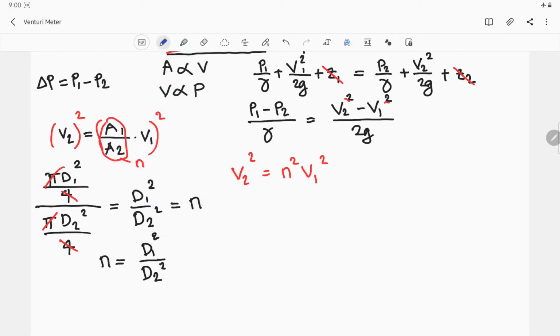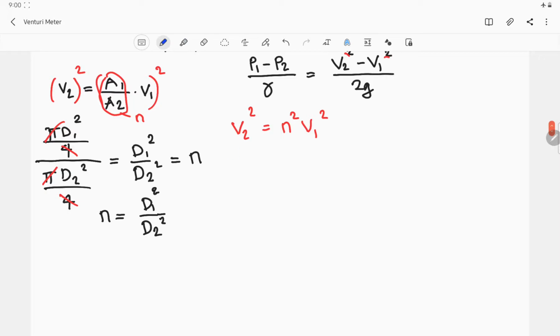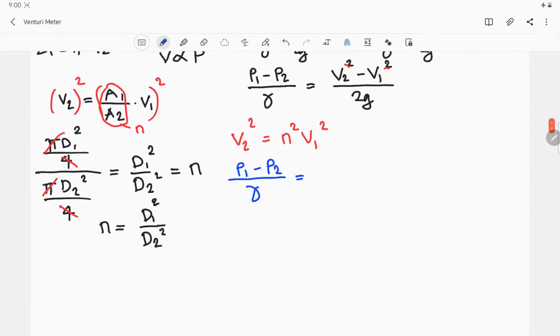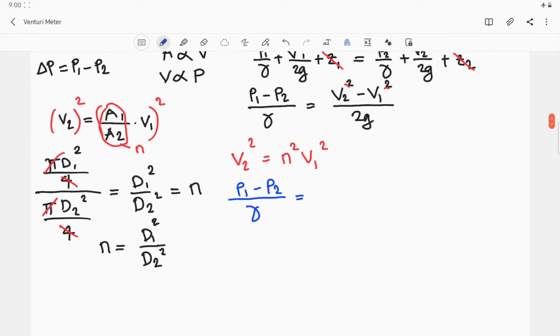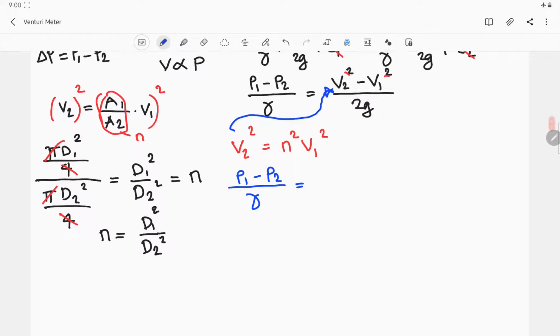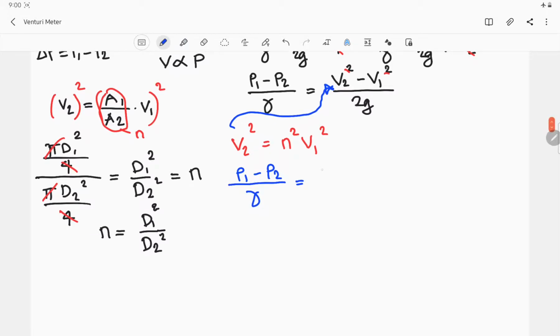So what will happen in our equation is it will become P1 minus P2 over gamma, that is equal to N squared V1 squared minus V1 squared over 2G.